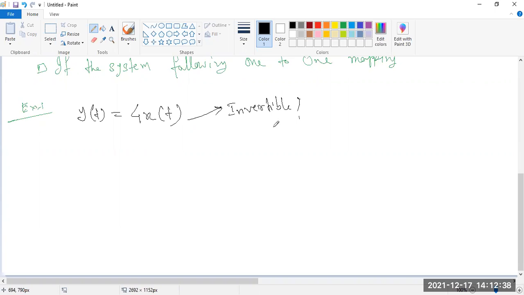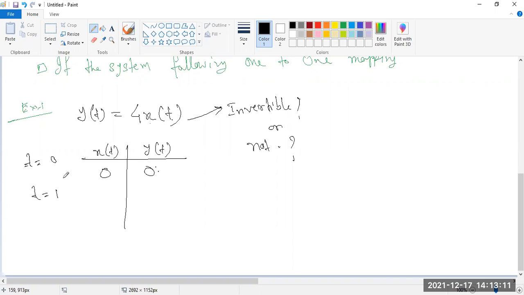We have to check that for each x of t, we get a distinct y of t. Say t equal to 0. Then x of 0 is 0, and 0 into 4 is 0. So if x of t is 0, then y of t is 0.